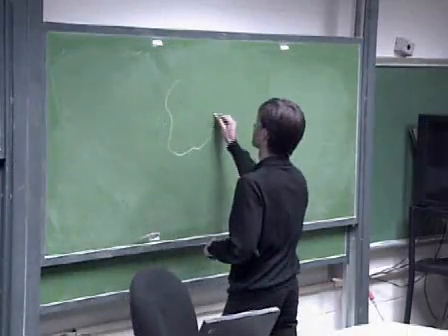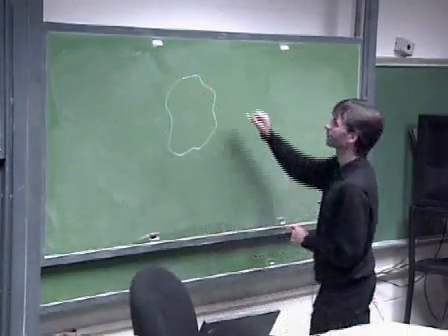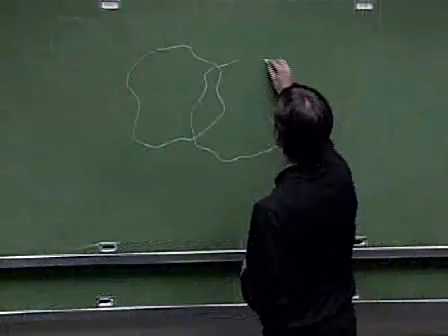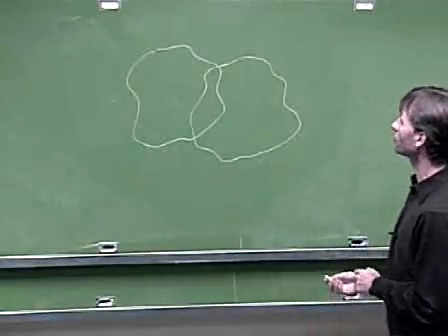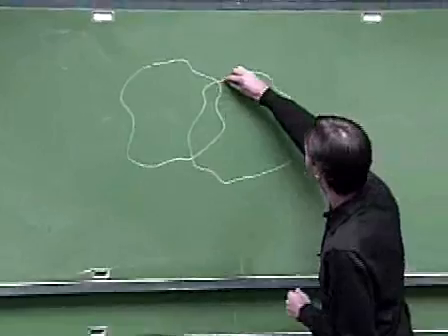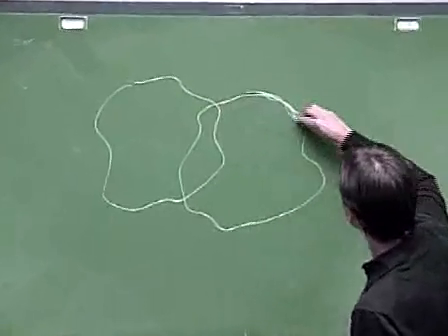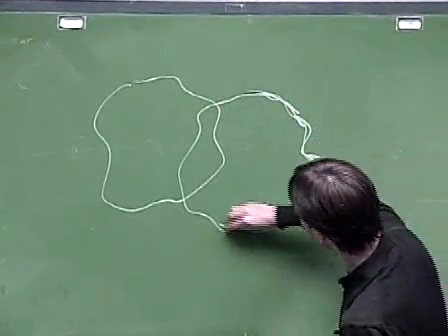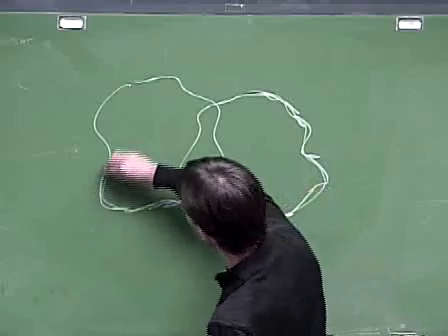Imagine we have two events. This is one event. This is another event. So the union of the events, I'm sure you all understand, is this, right?